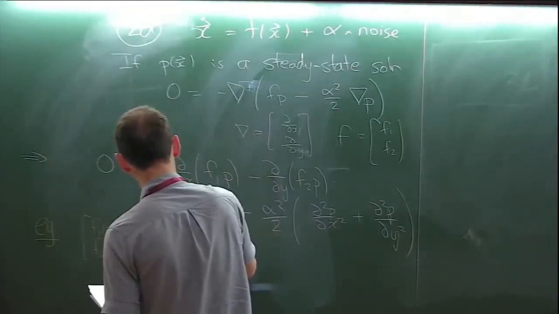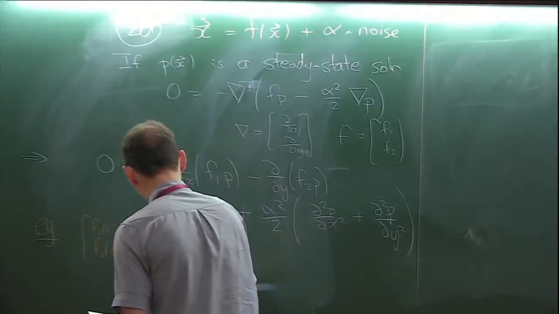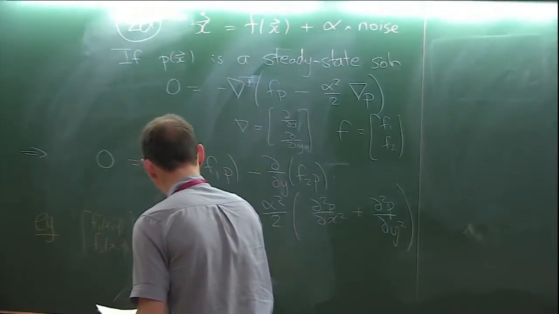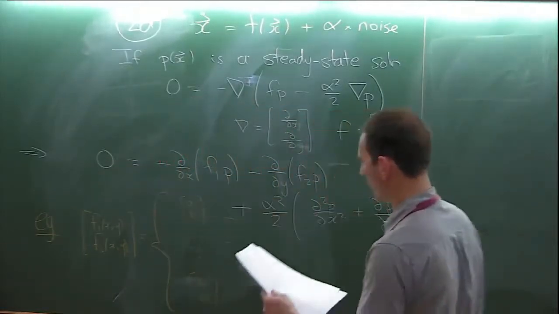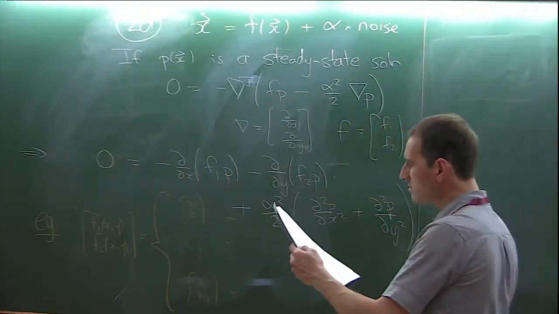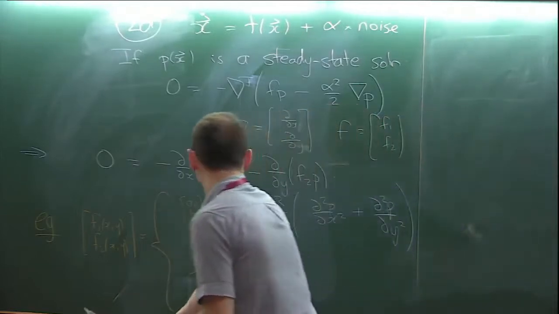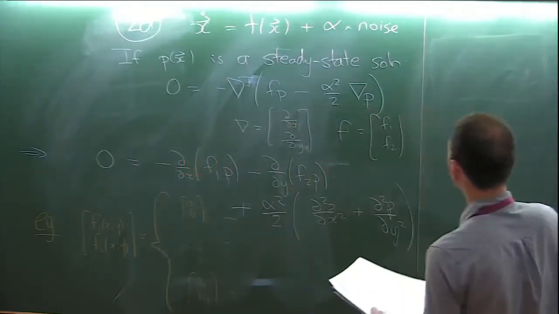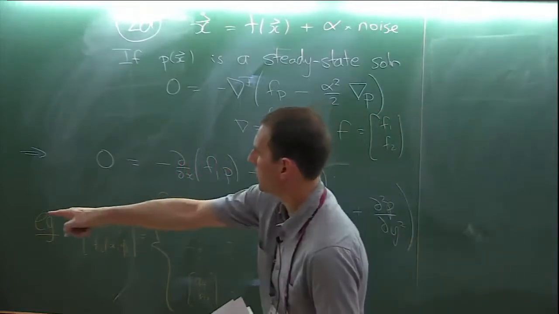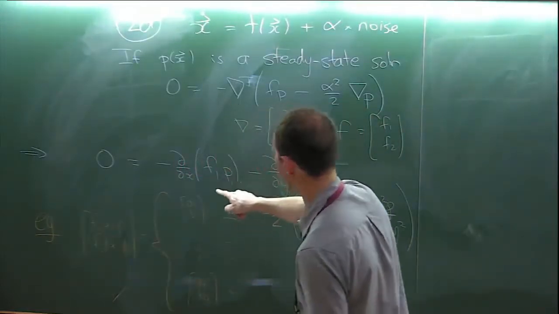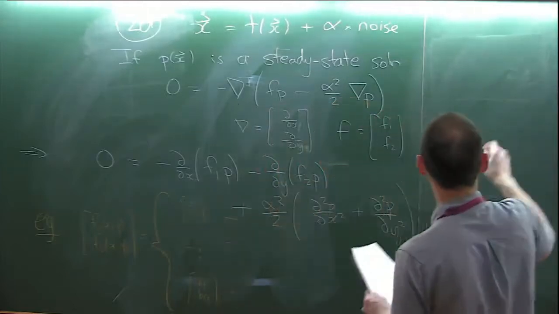Each piece is just a constant, A1, B1, through A4, B4, for my 4 different quadrants. You put this all in and you get a PDE. It's not an ODE anymore because now it's two-dimensional. So it's a PDE in x and y.